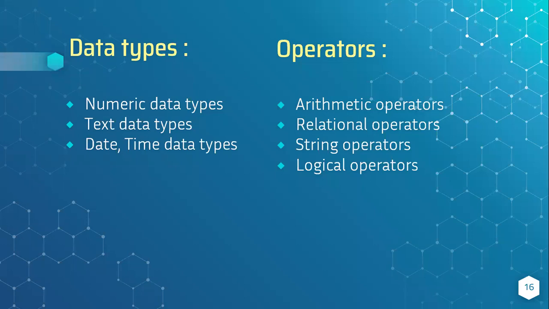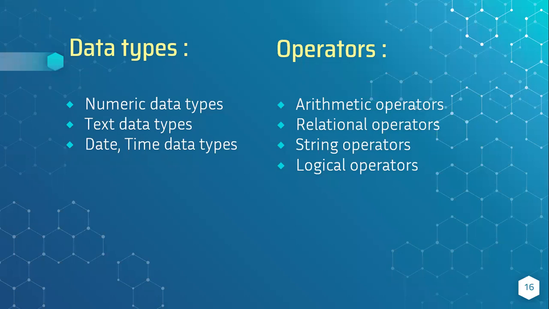Arithmetic operators are used for arithmetic calculations. Relational operators are used for comparisons like less than, greater than, equal to, not equal to. Examples of arithmetic operators are plus, minus, star.